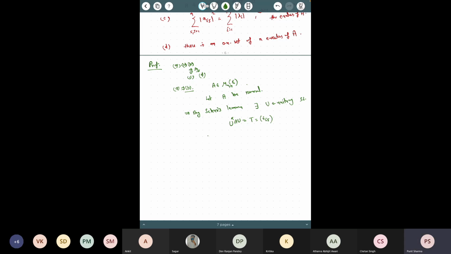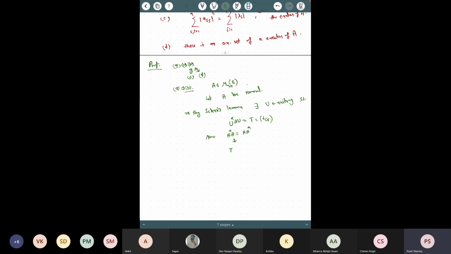Now what is given to us? We are given that A is normal. That means A star A is equal to A A star. But then this implies that A is normal implies T is normal. Why?